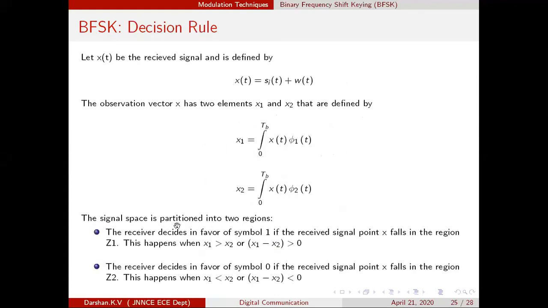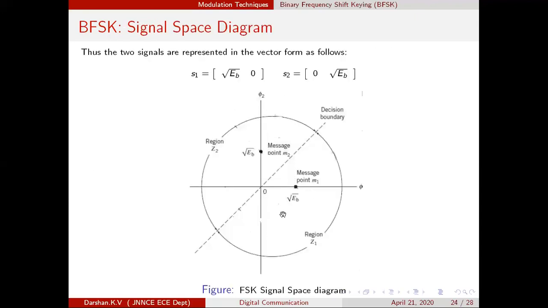That is what has been written. The signal space is partitioned into two regions, which all of you know. So what does the receiver do? It decides in favor of symbol 1 when the received signal falls in the region Z1.